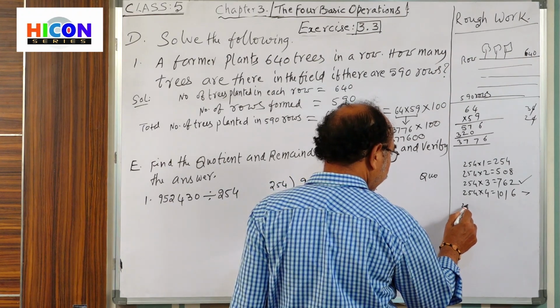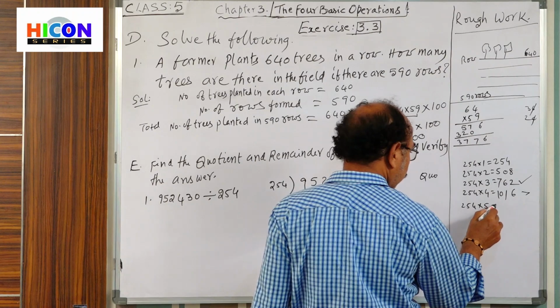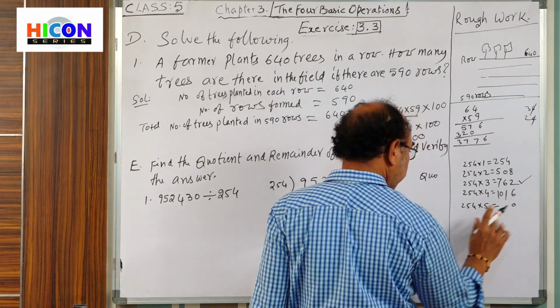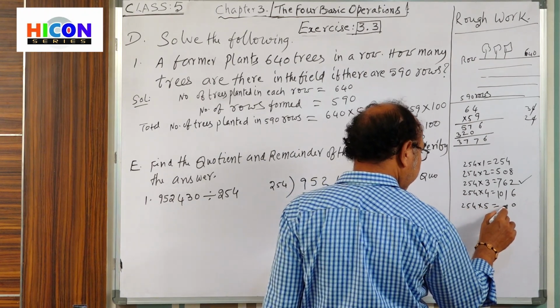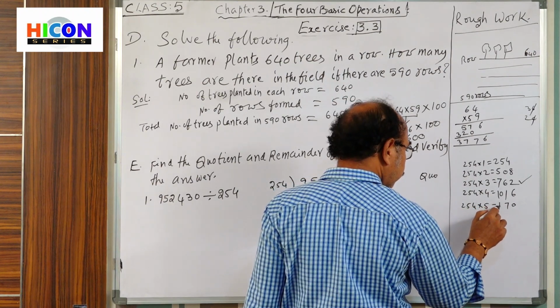254 into 5: 5 fours are 20, 0 carry 2. 5 fives are 25 plus 2, 27, 7 carry 2. 5 twos are 10 plus 2, 12.